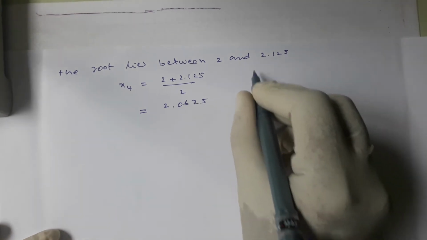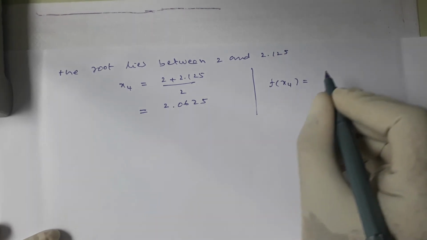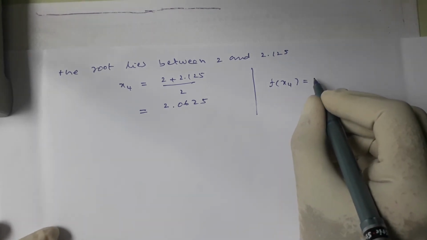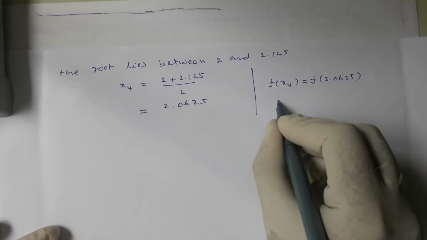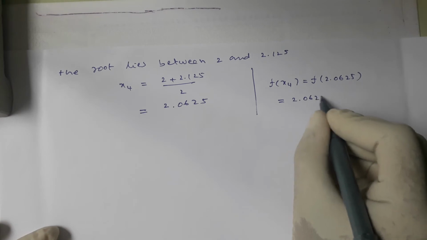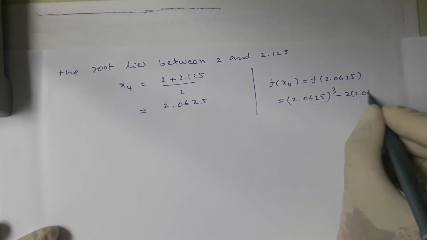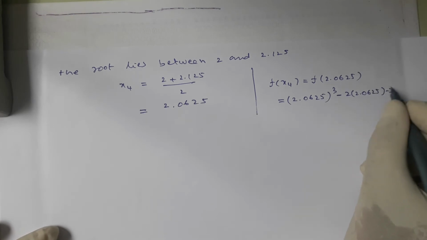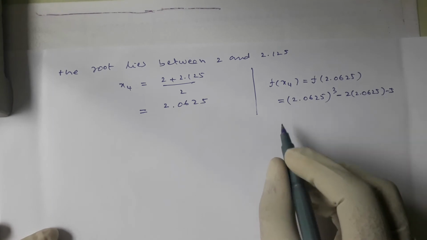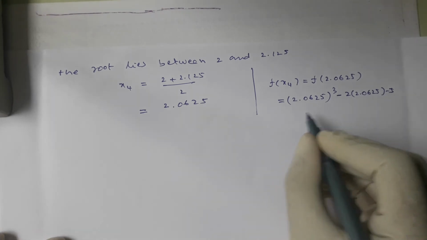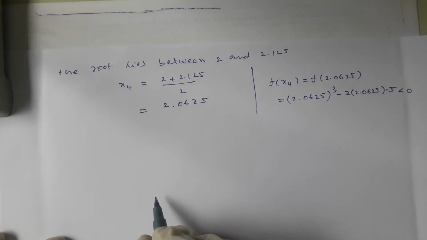So f of x4 is equal to f of 2.0625 is equal to 2.0625 whole cube minus 2 into 2.0625 minus 5. It is less than 0.